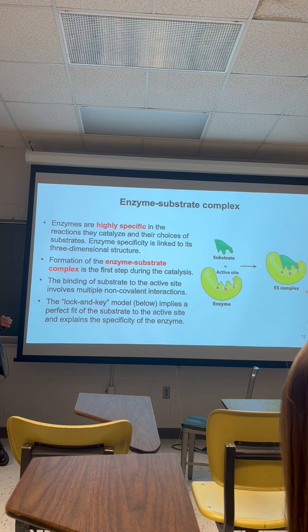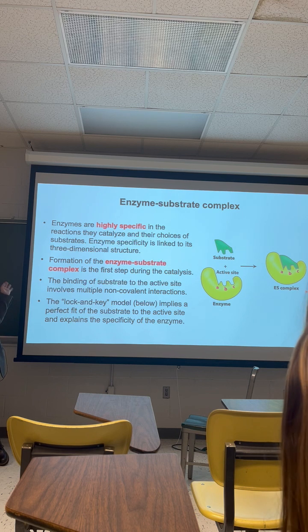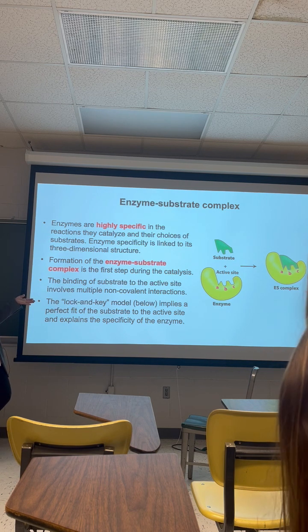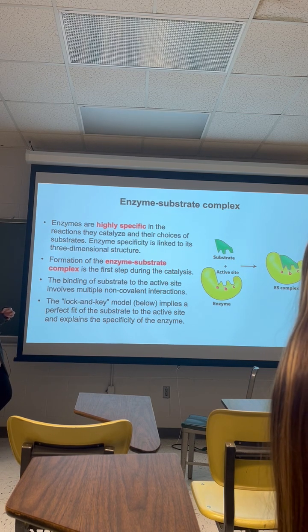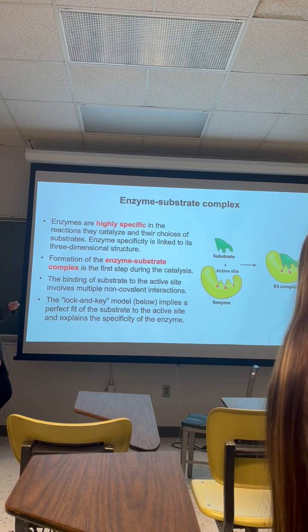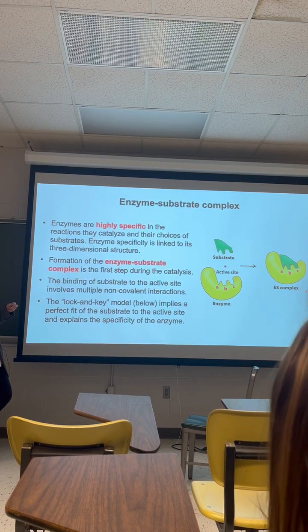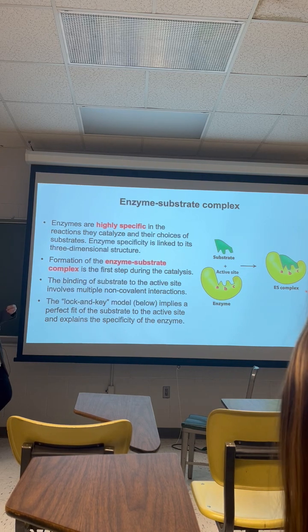This sharp end of the substrate would fit to that side, A, B, C. And many times, a long time ago, before people really realized how enzymes work, they thought about this as a kind of complex that is being formed between substrate and an enzyme, as a perfect fit.